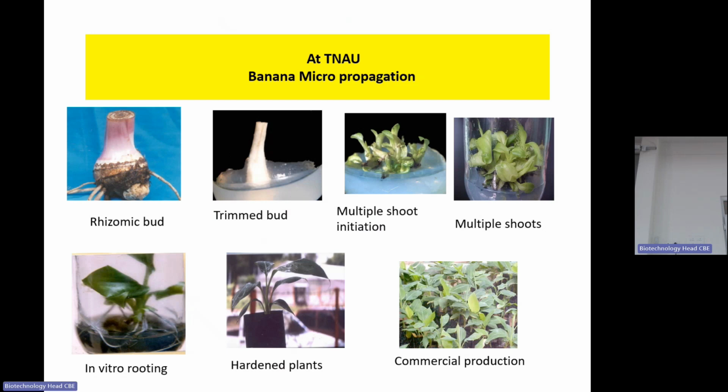So each of those buds needs to give a plant, but normally it doesn't. Banana, right? Yes or no? Banana, you get only one plant out of this. You don't get any of these because of apical dominance. So here, when you put it in the media, you get many shoots. How do you get many shoots? You should get only one.